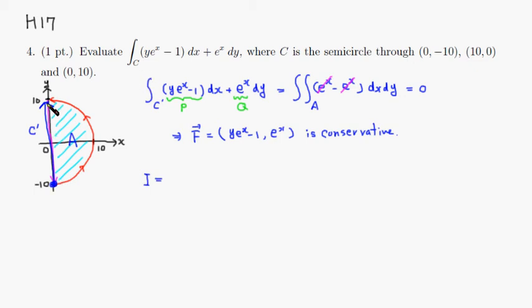In this case, there's no change in x, so we don't have to look at this term. The only change would be y, so we're going to look at e to the x dy.